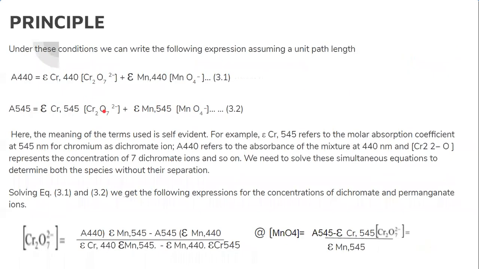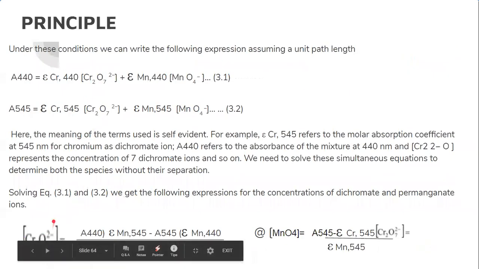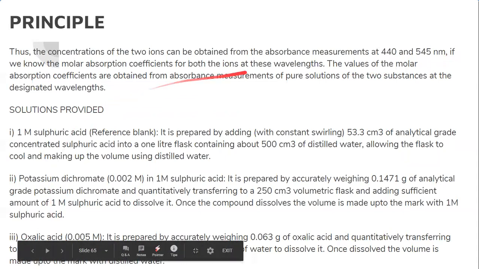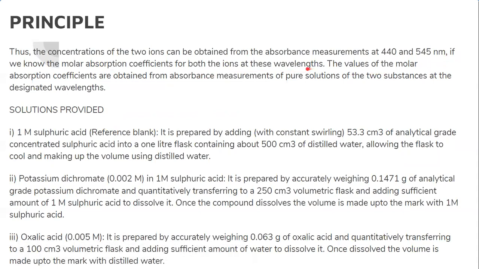So to identify the concentration of chromium and manganese, first we need to find the molar coefficient, epsilon, of each pure solution.